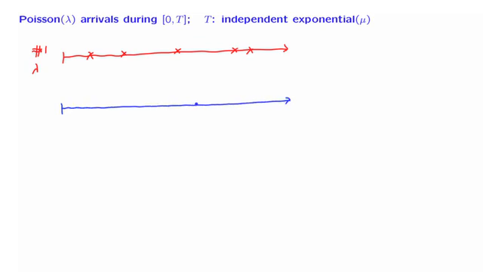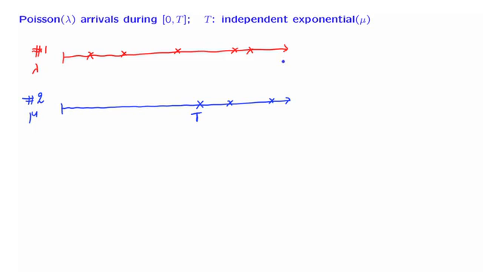How should we think about an exponential random variable? We can think of an exponential random variable as being the first arrival in some Poisson process. So let us put down a second Poisson process with rate mu. Since we have assumed that capital T is independent from the red Poisson process, we can just assume that this blue Poisson process is independent from the first.